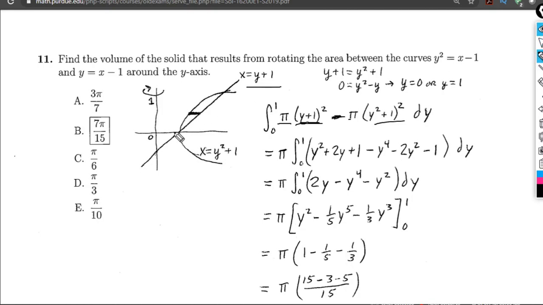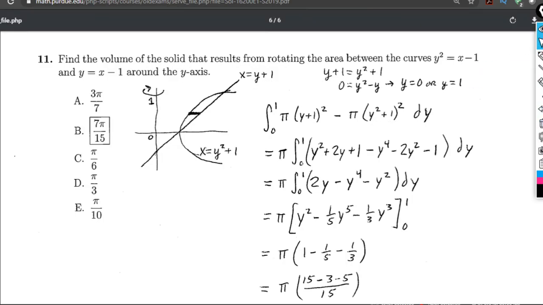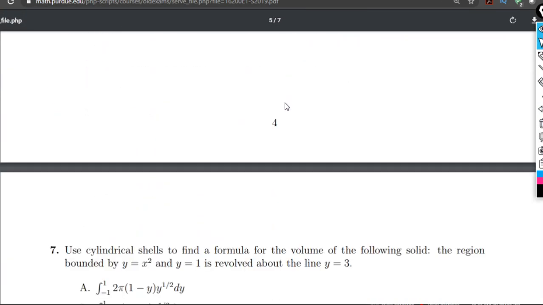Solving the bounds just means setting y equal to 1 equal to the bottom equation, y squared equals 1, and you get 0 and 1. So all right, question 11, cylindrical shells.